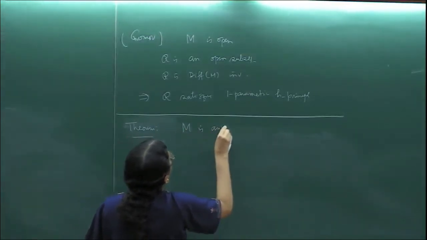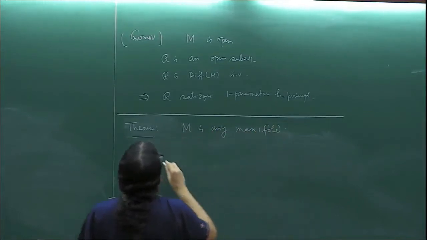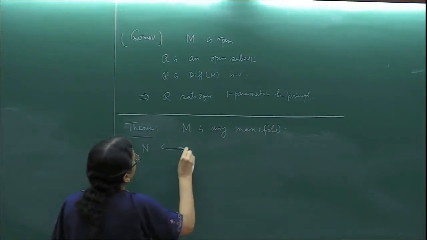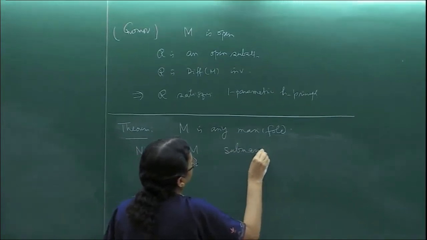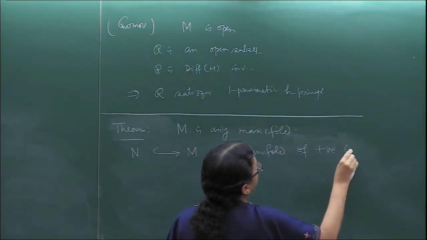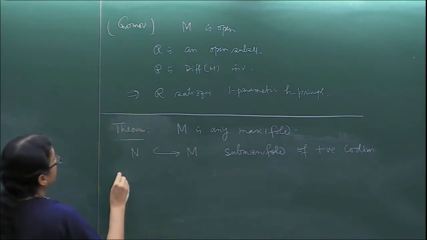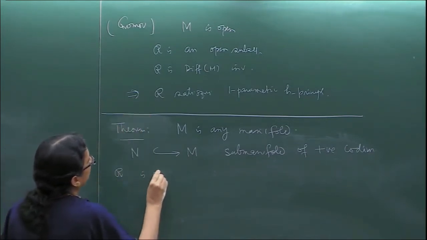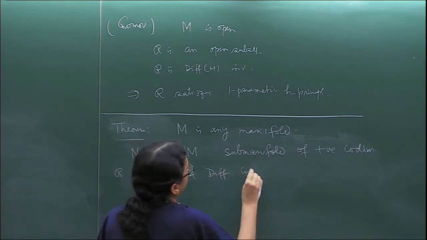M is any manifold, and N is a submanifold of positive codimension. R satisfies, R is open and Diff-invariant.